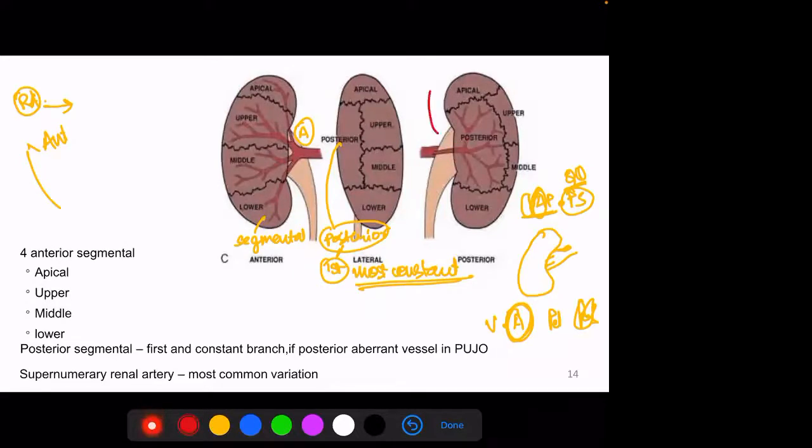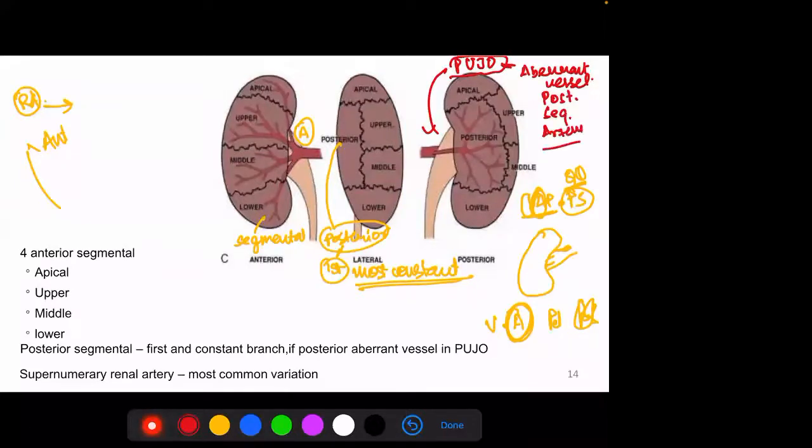What is PUJO? PUJO is pelviureteric junction obstruction. So one of the secondary causes of pelviureteric junction obstruction is an aberrant vessel. Important MCQ, which is made by the posterior segmental artery.